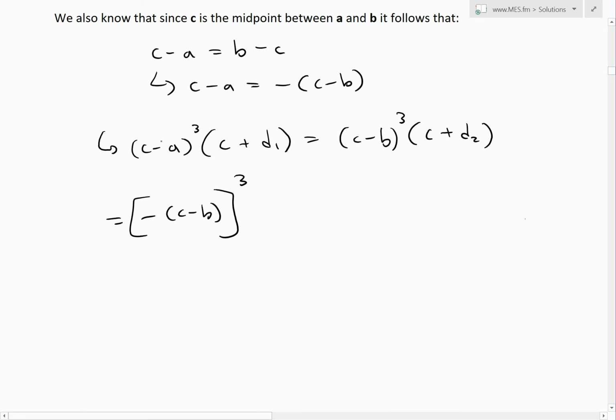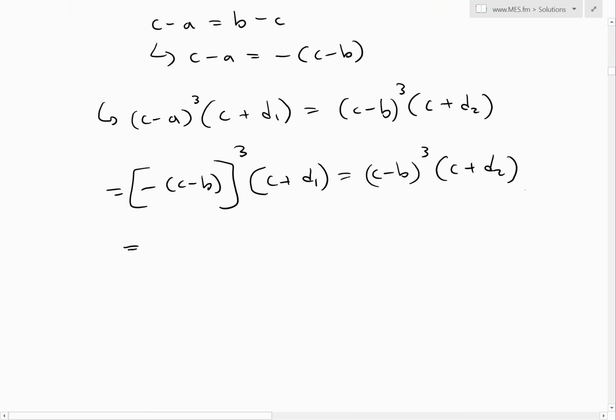Putting these together, we have c minus a cubed, times c plus d1, equals c minus b cubed, times c plus d2. Plugging the values in, we get negative c minus b, cubed, times c plus d1, equals c minus b cubed, times c plus d2. When you cube the negative, negative times negative times negative leaves a negative sign taken out. So negative c minus b cubed, c plus d1, equals c minus b cubed, c plus d2.